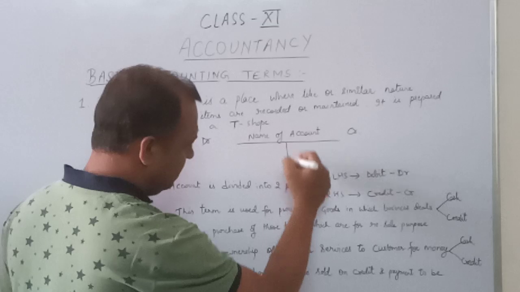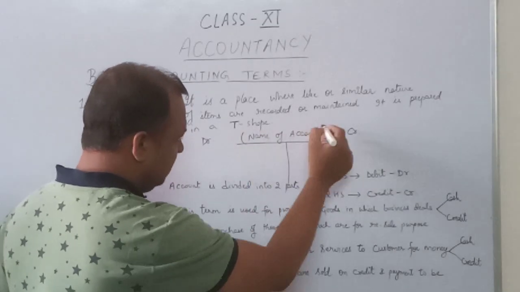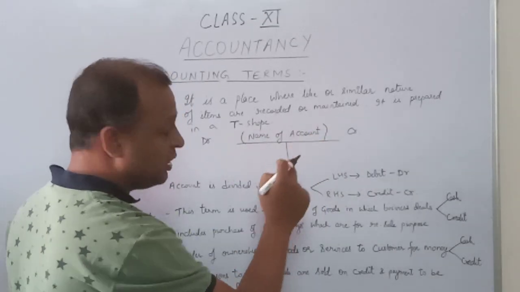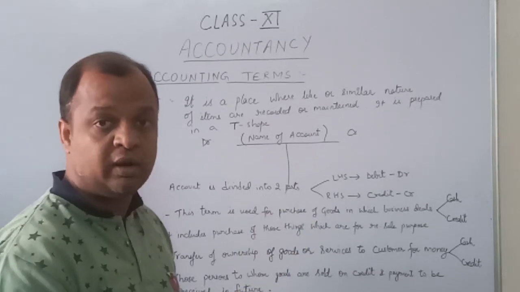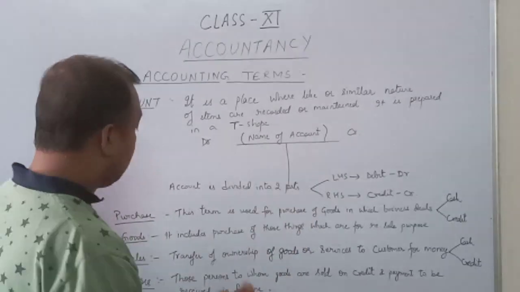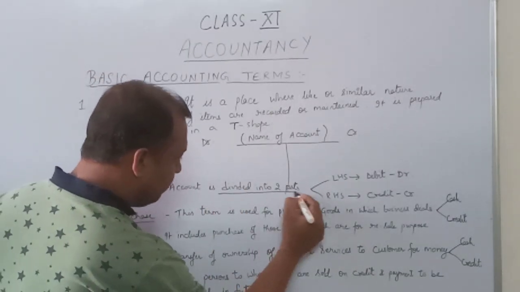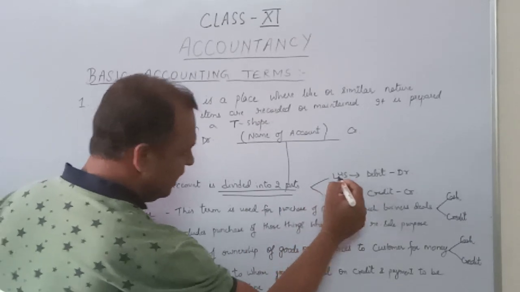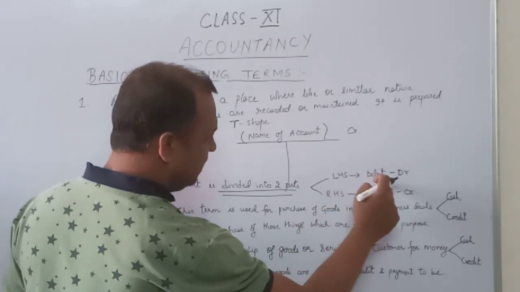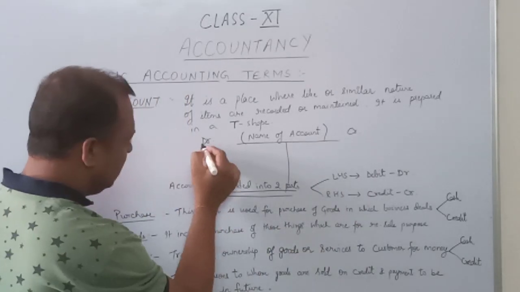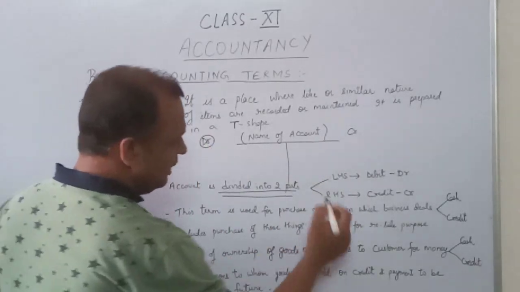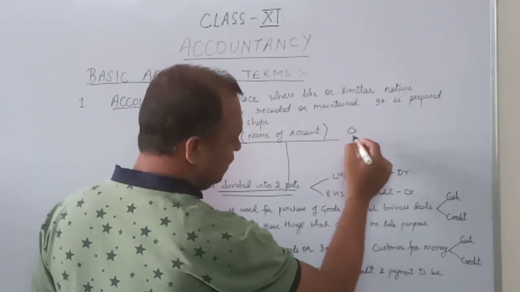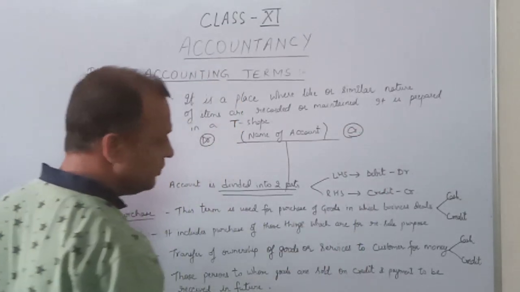This is a T shape. Here the heading will be recorded as name of the account, which account you are maintaining. Account is divided into two parts. Left hand side is debit, recorded as DR. Right hand side is credit, recorded as CR.